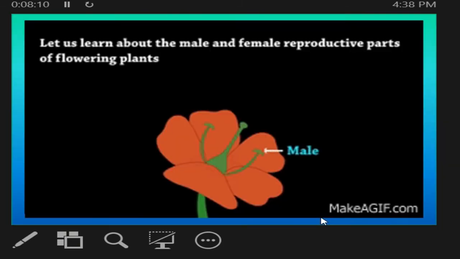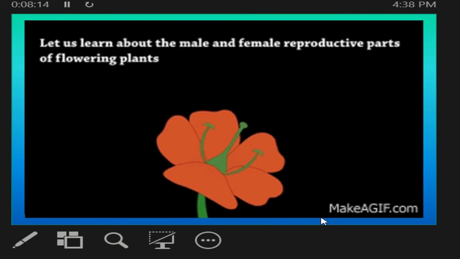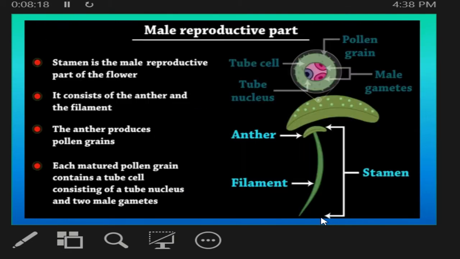Let us learn about the male and female reproductive parts. We have the male and the female. Let us focus first on the male reproductive part. The stamen is the male reproductive part of the flower.